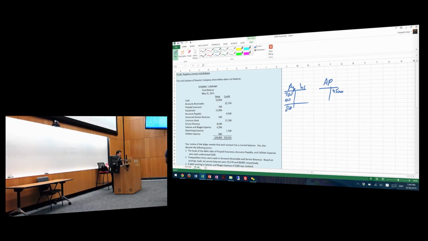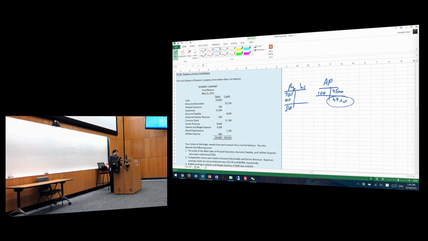So you add the 100 on the debit side. The reason why I'm using T accounts is simply because if you just look at it and you add 100 to each balance, you might end up with a balance of 4,600 instead of the 4,400 for accounts payable. Do you understand the point here?